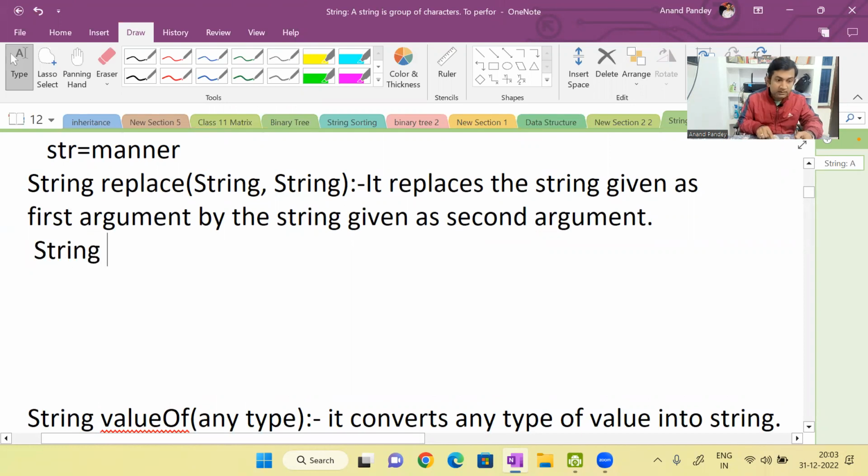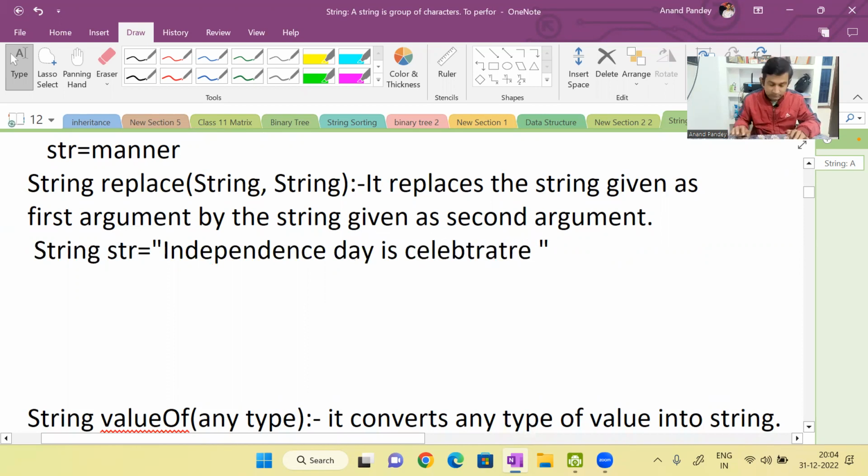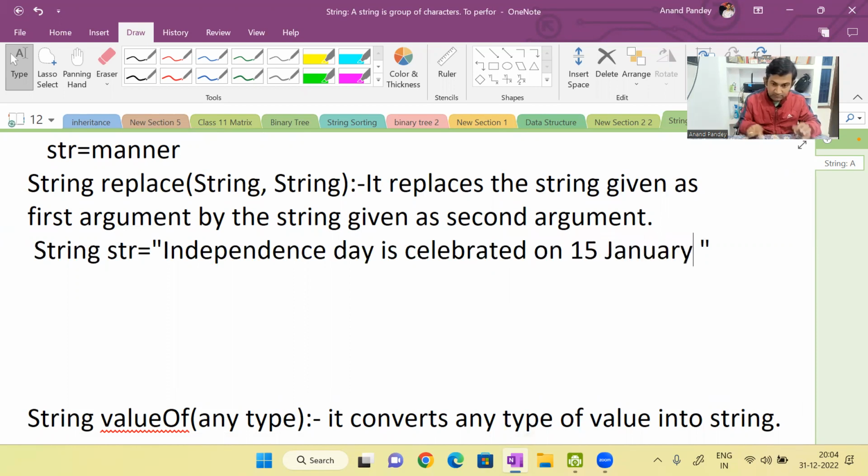So listen, one example. String str equal to Independence Day is celebrated on 15 January.